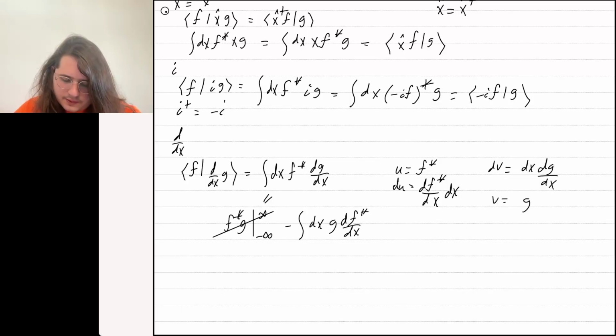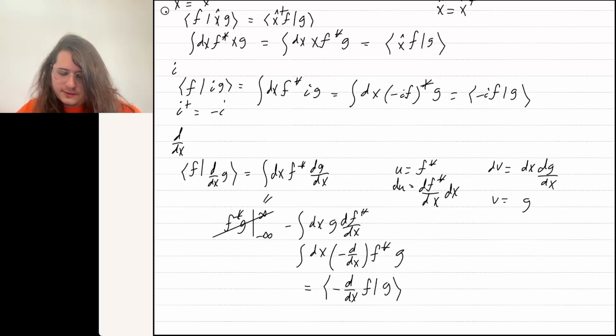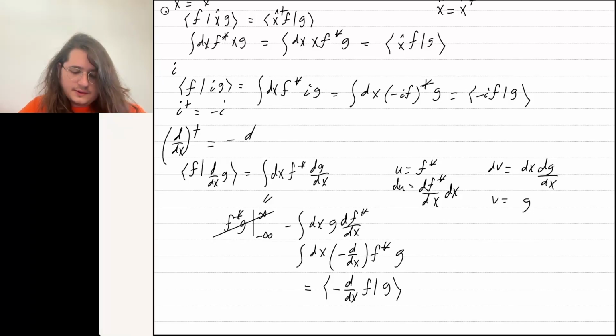Okay, so if we just group the minus sign into the integral now, we can see that this is just minus d dx acting on f star multiplied by g. So if you put it back into inner product notation, it's minus d dx acting on f, inner product that with g, and that tells you that the Hermitian conjugate of d dx is minus d dx.